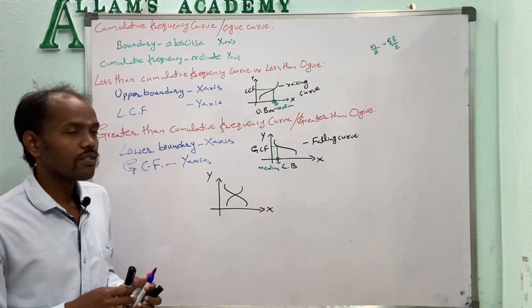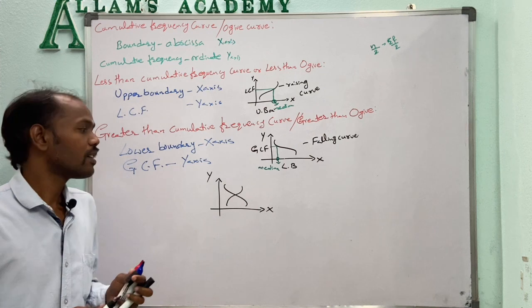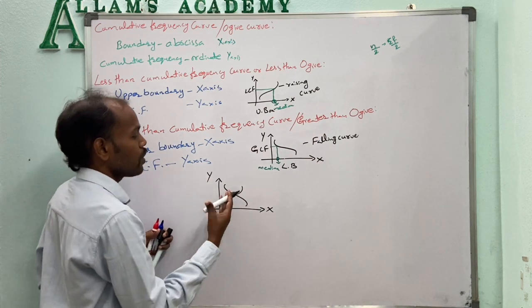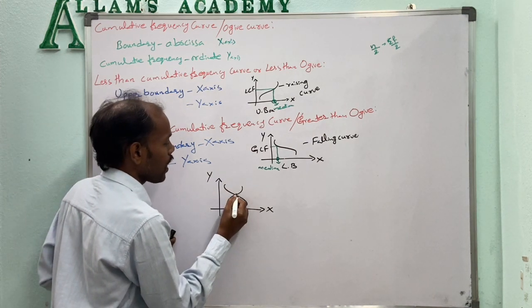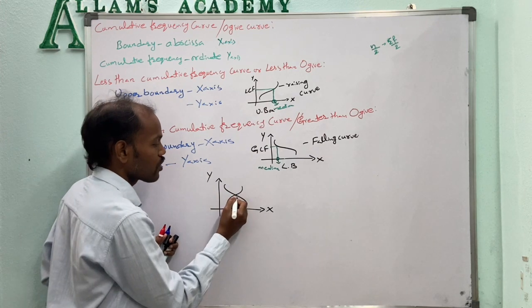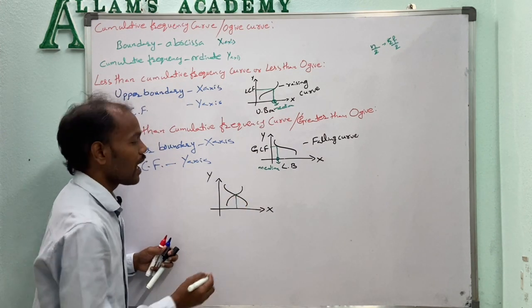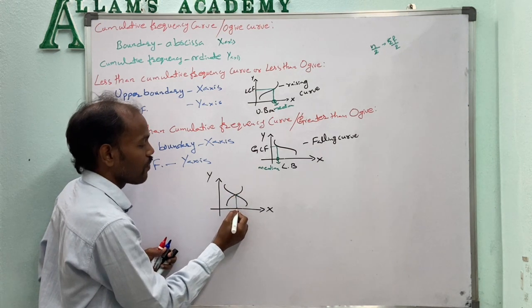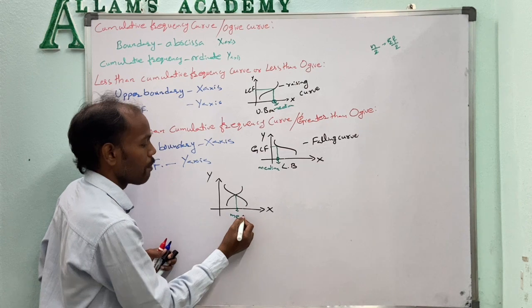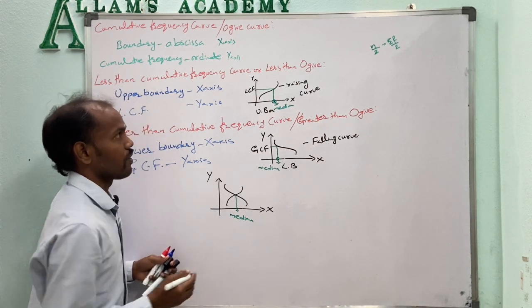Both graphs meet at a point; from that point draw a perpendicular line to the x axis. Where it touches the x axis, that point gives the median of the data.